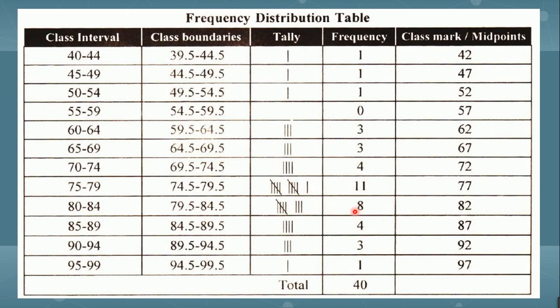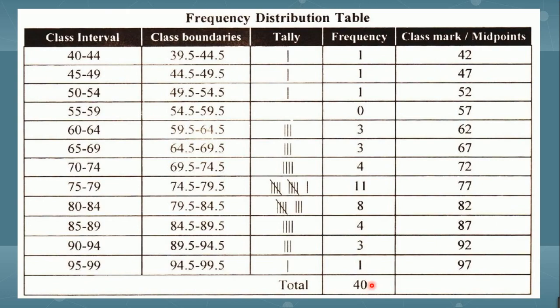For 8, a set of 5 lines, 4 verticals and 1 intersecting these 4 vertical lines, and 3 vertical lines separately. 4 vertical lines as it is, 3 vertical lines for 3 and 1 vertical line for 1. So the frequency sum must be equal to the given number of values, which is 40. Adding all these numbers you will get 40.